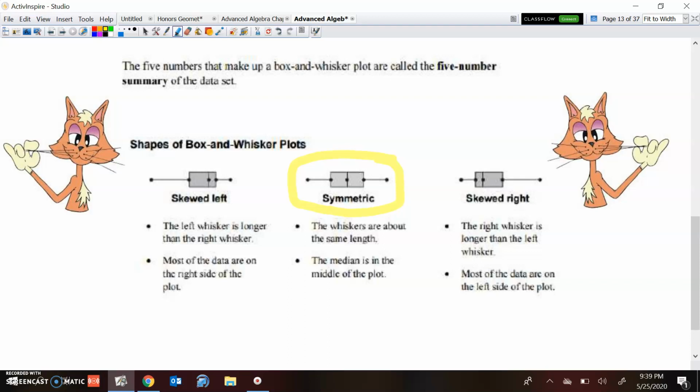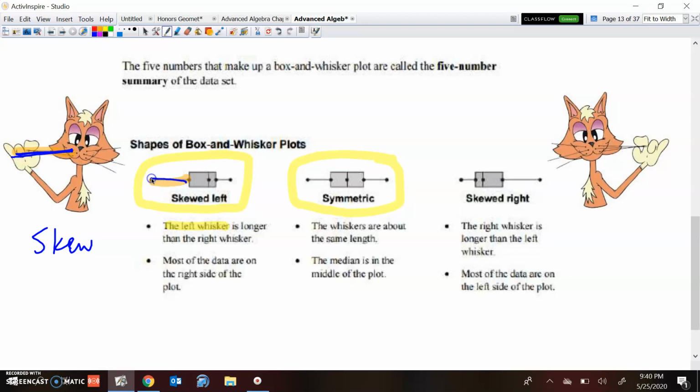Now whenever we look at this first one over here, this is considered skew left. Okay, so when the left whisker is longer than the right whisker, so my left whisker here is longer than that right whisker. So I think if I consider this is our cat skew. And my left whisker is longer, it's considered skew left.